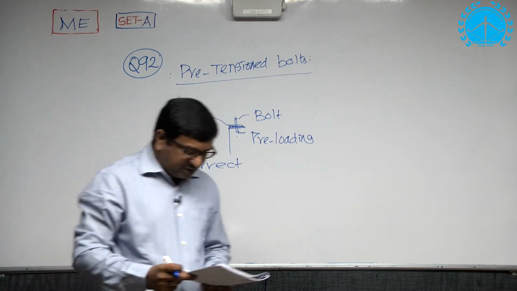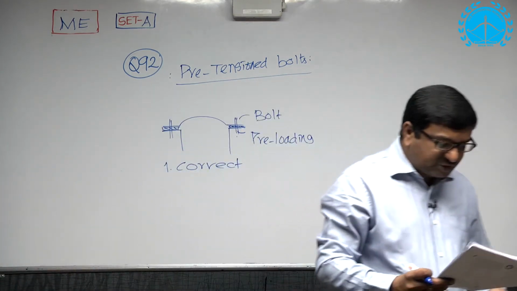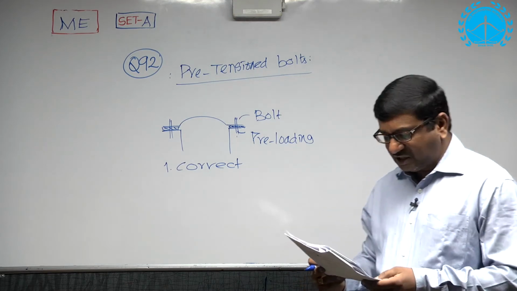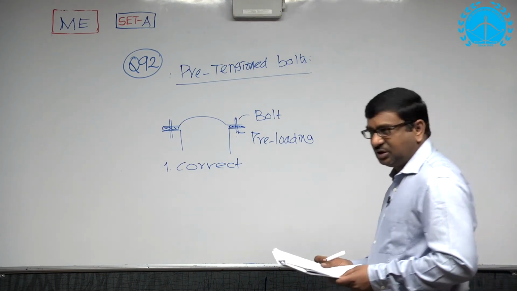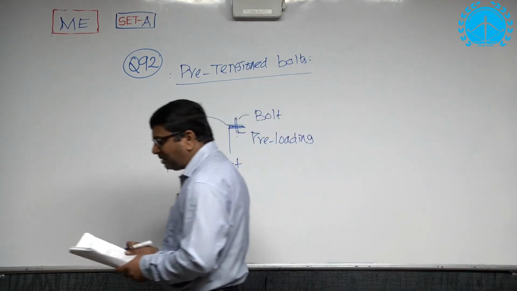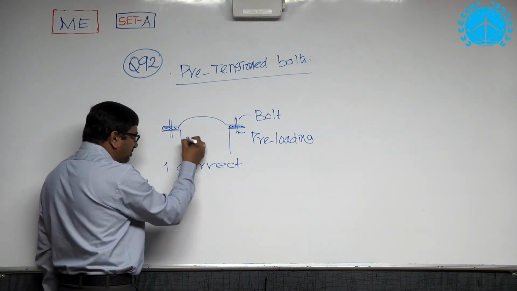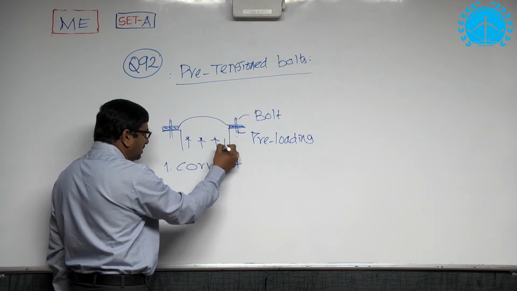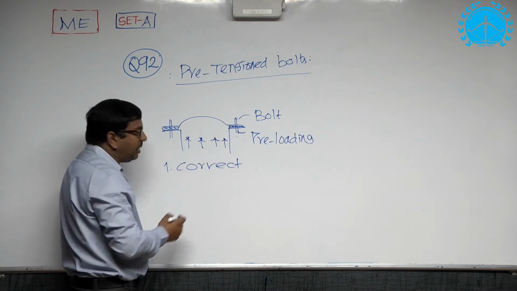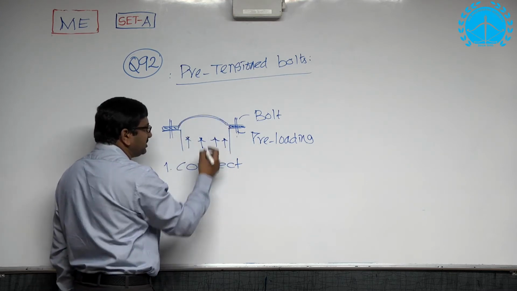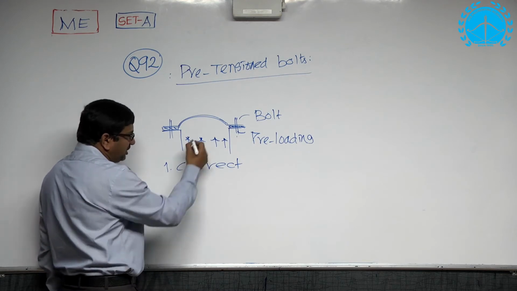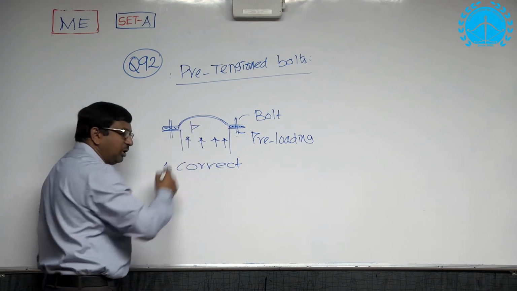And the second statement: pre-tension reduces the maximum tensile stress in the bolts. What is meant by maximum tensile stress in the bolts? Let us say it is subjected to some pressure. But take an example like an IC engine: in the IC engine the pressure will not remain constant.